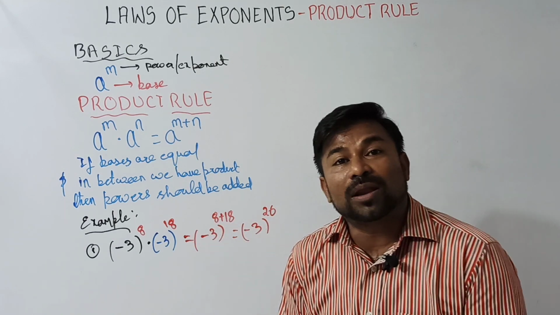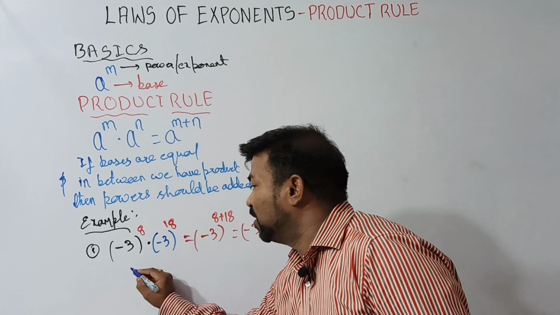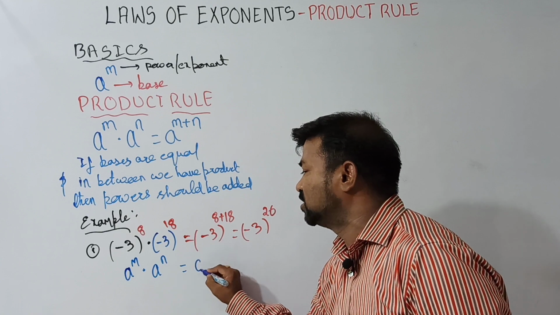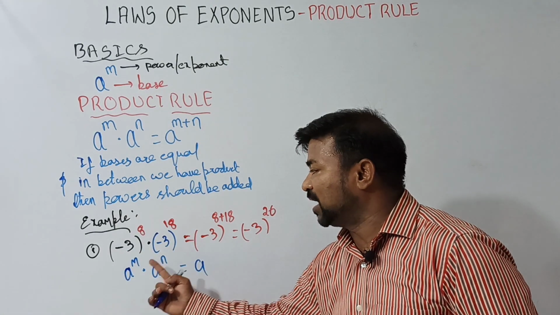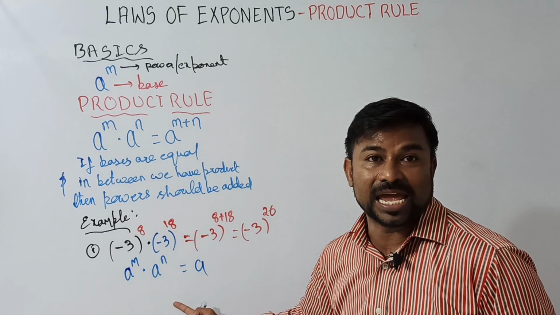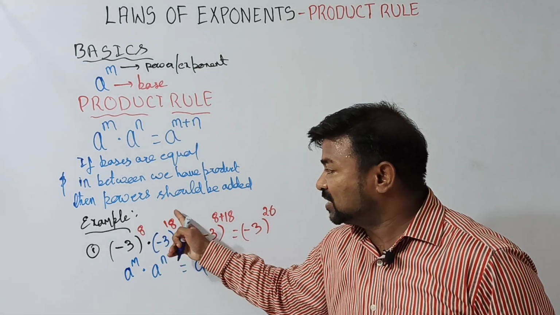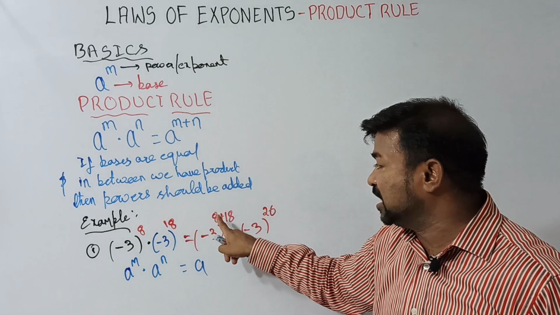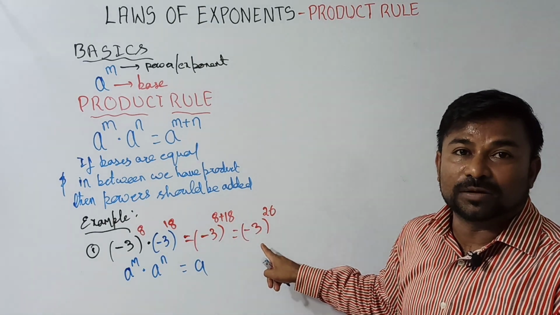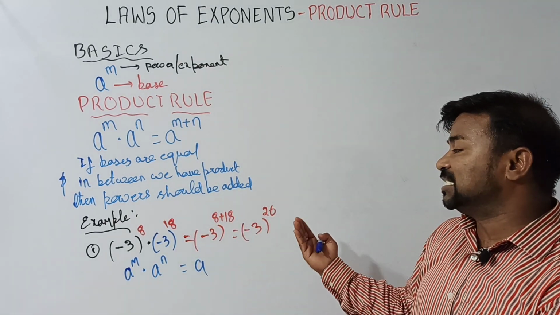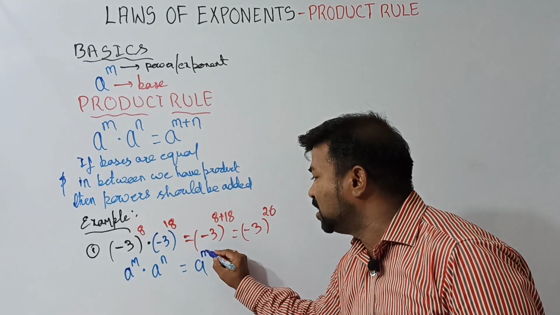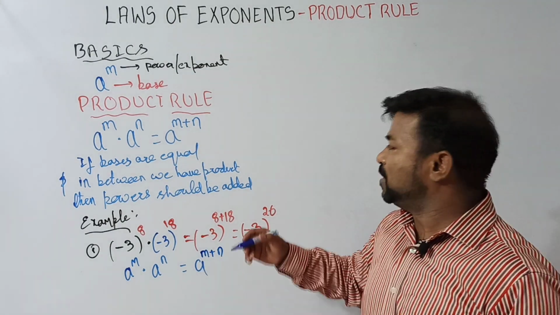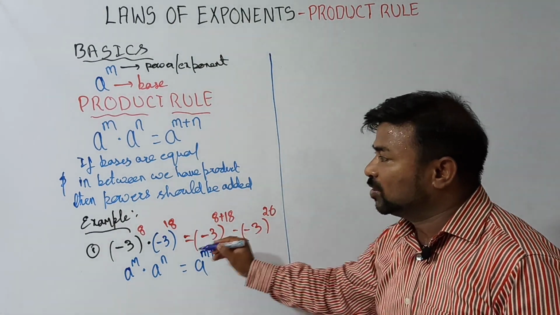The formula we are using is a to the power m into a to the power n, with the base -3 both times, like a and a. Powers are different, so we add the powers, 8 plus 18, which is (-3) to the power 26. So here the formula is m plus n. Hope you are able to understand. Let me come upon one more thing.